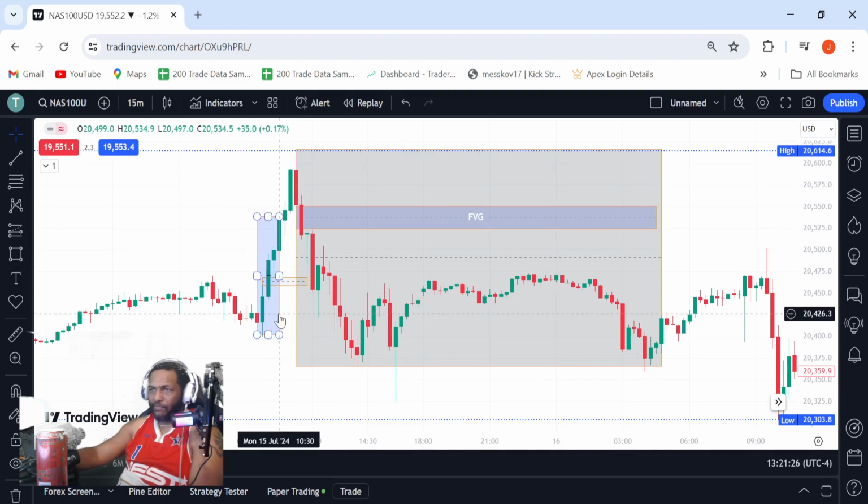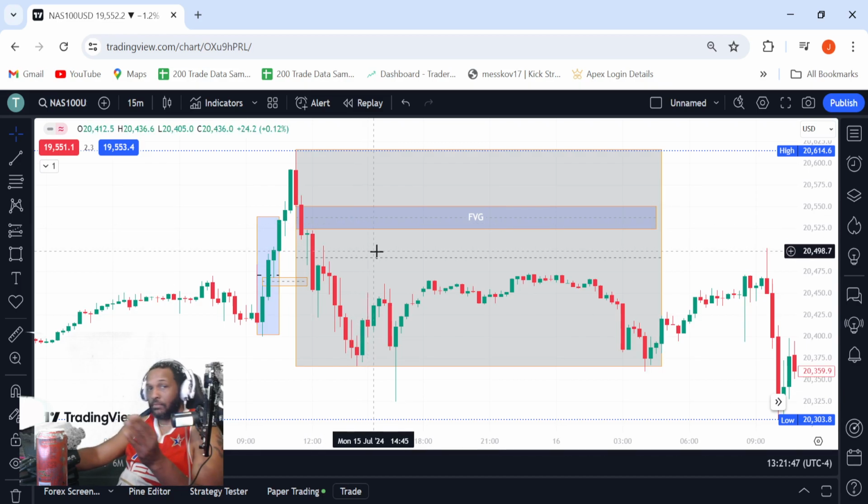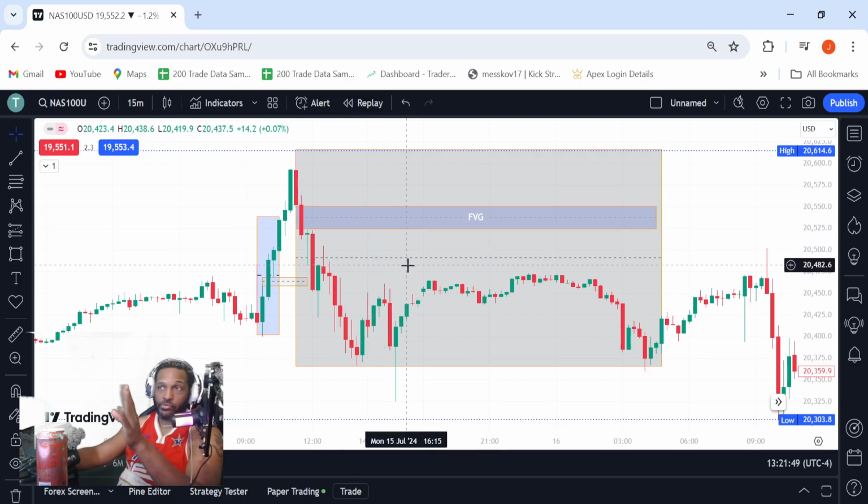So maybe you want to invalidate, and maybe after this candle closes, they target this low. And at that point for me, it would be like an arbitrary high. Maybe they look at this fair value gap in concert with this break of this fair value gap, and they wait for price to get back up in here. But I'm going to leave that for somebody else to explain.